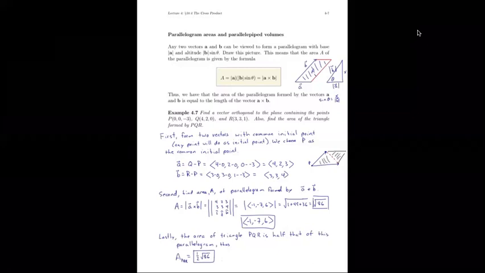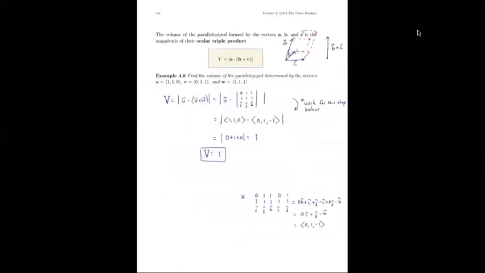So we just take half the area of the parallelogram, which is 1/2 square root of 86, and we have the area of the triangle PQR. So those are the basic steps to this problem without all the details being shown. The reader's encouraged to go through and fill in at least this calculation right here, and the rest is pretty well obvious. So let's see one more application of this involving parallelepipeds.